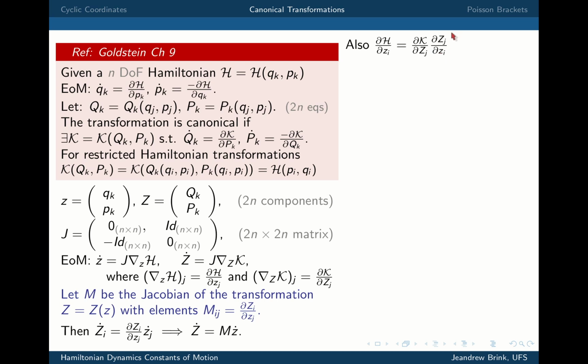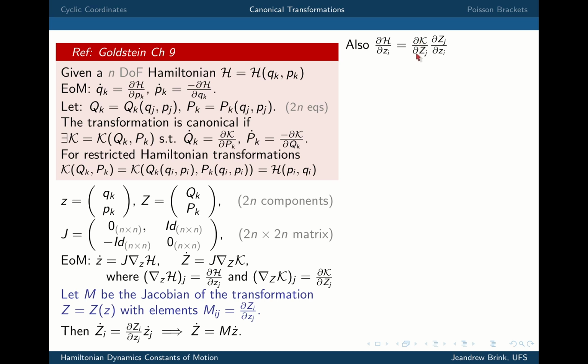Okay, and we are summing over j. So that's how we can express this Hamiltonian's derivative with respect to a single component zi in terms of the derivative of this K, which has the same value but is expressed in terms of the new coordinates Zj.